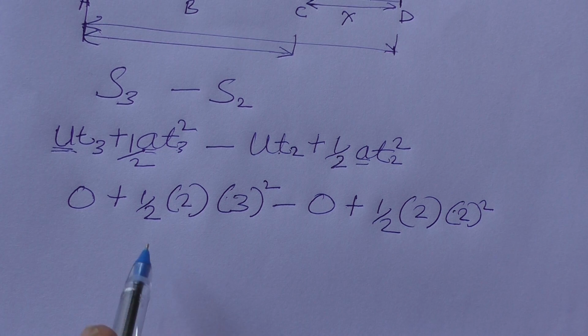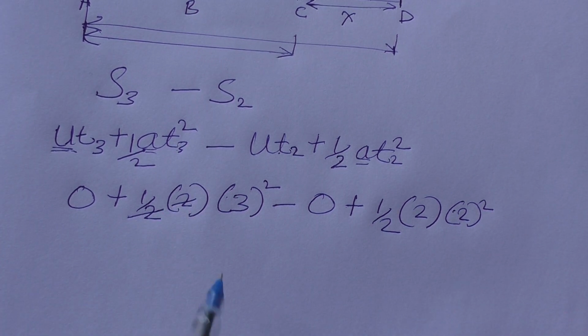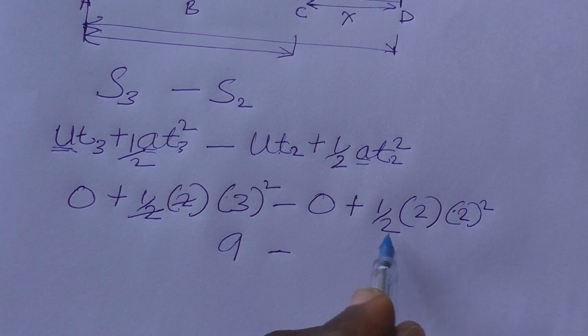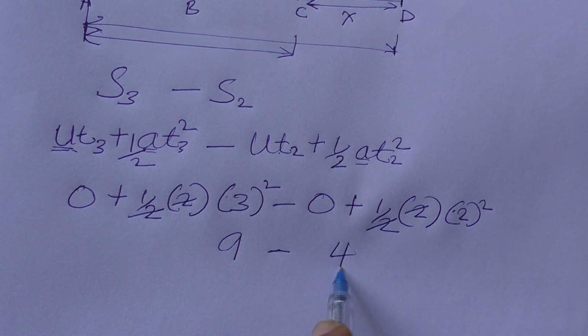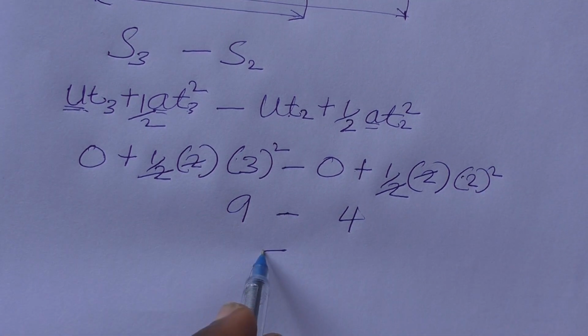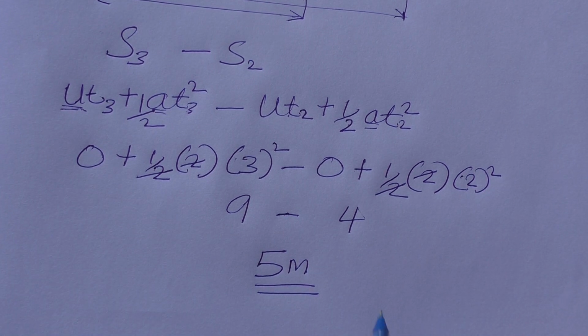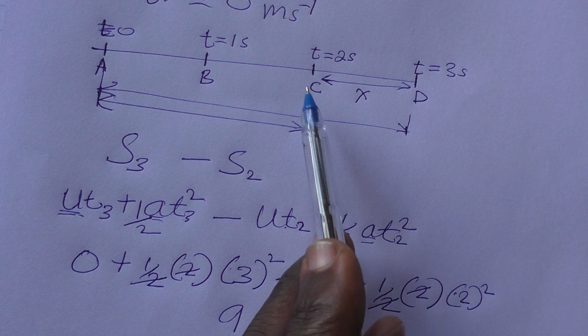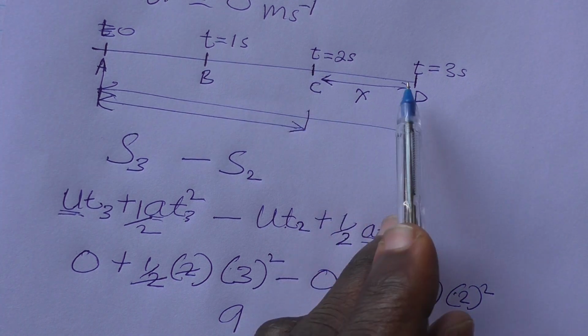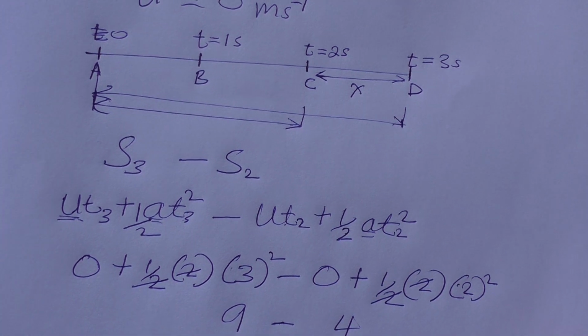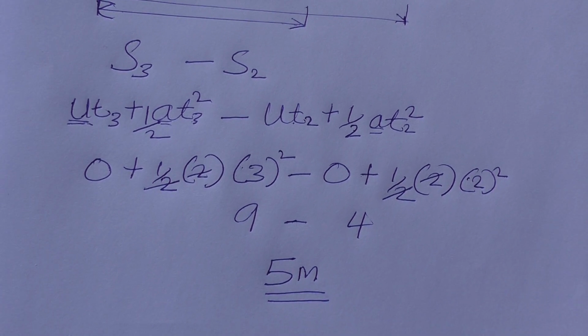We can reduce that and that to give us 9, minus we reduce that and that to give us 4, and therefore that distance is 5 meters. So that means it covers 5 meters during the third second. That is how we deal with the equations.